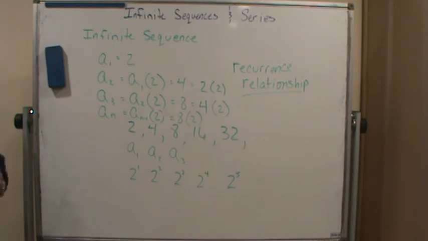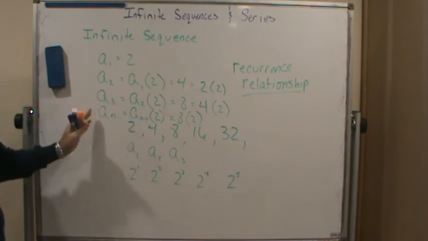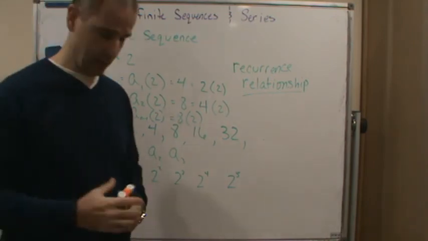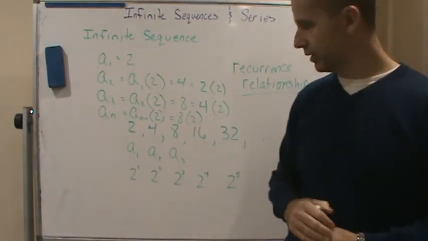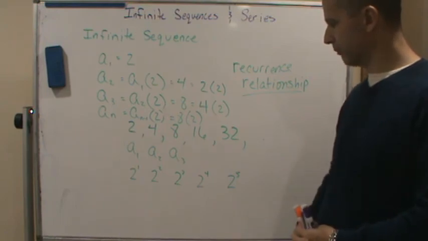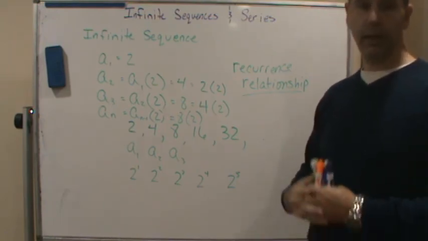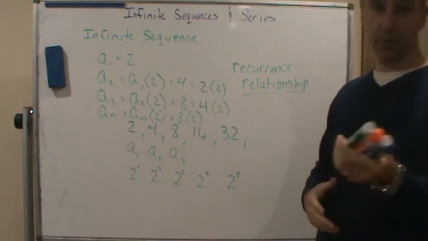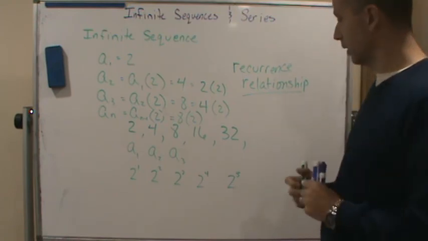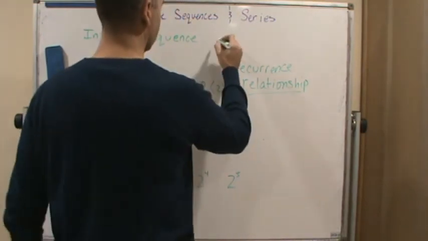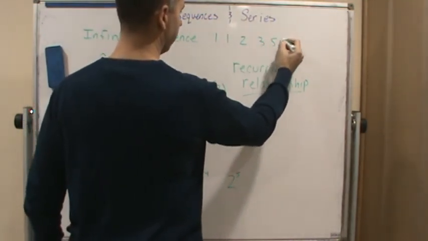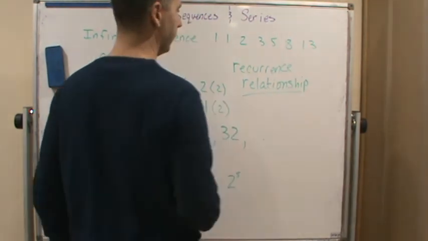But sometimes we can have a recurrence relationship where we're including the previous two terms. For example, the Fibonacci sequence. The Fibonacci sequence behaves very similarly as a sequence of numbers, where we get 1, 1, 2, 3, 5, 8, 13, and so on.